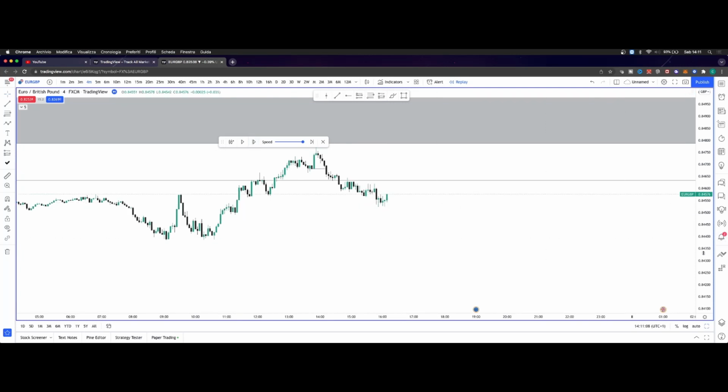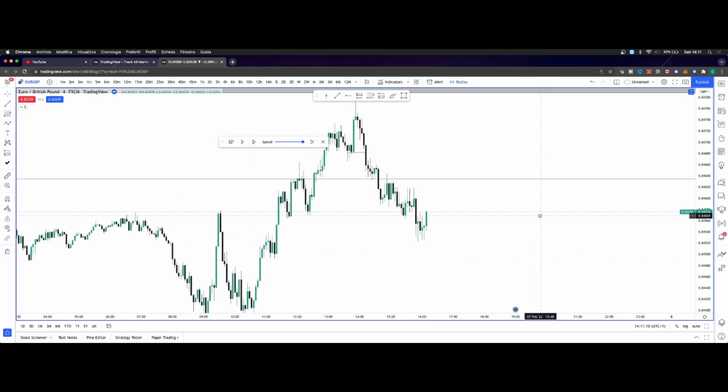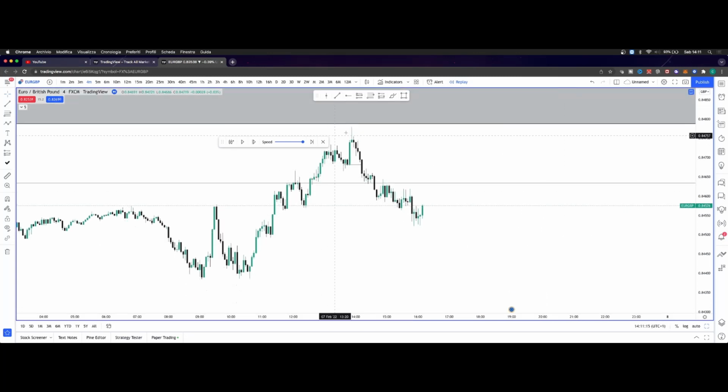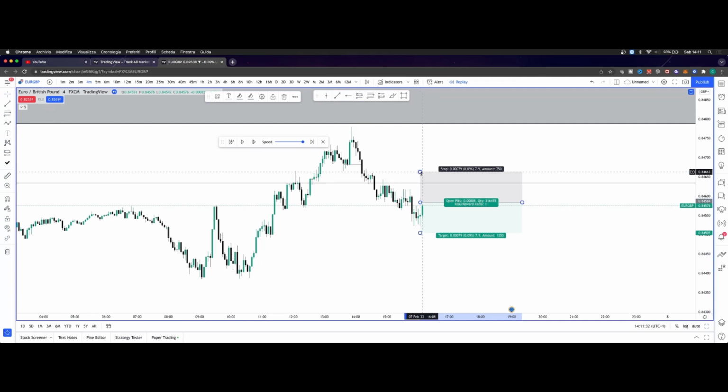So again, for me this is a kind of schematic. So this level looks like swing high, swing low. We are at the open of New York session, so I probably would like to place my order here.